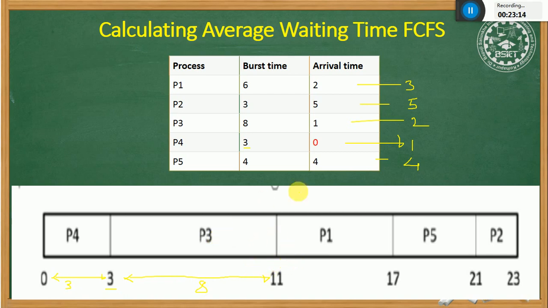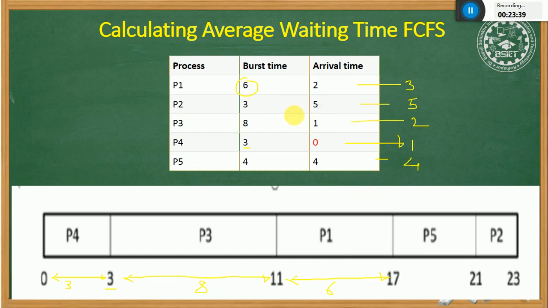After the complete execution of P3, which process comes next? The first and second have arrived, now the third is P1. P1 requires 6 milliseconds of CPU, so 11 plus 6, from 11 to 17 P1 is in execution.